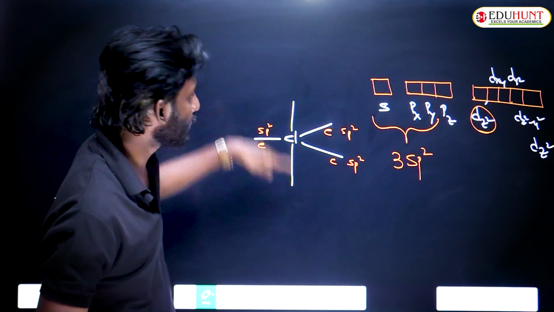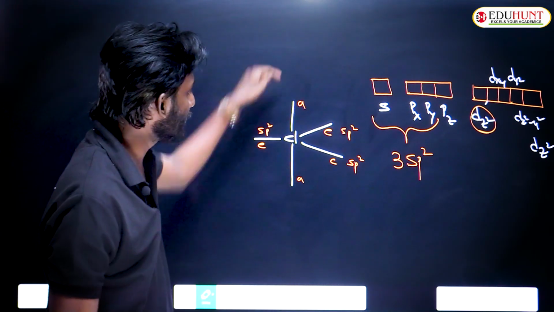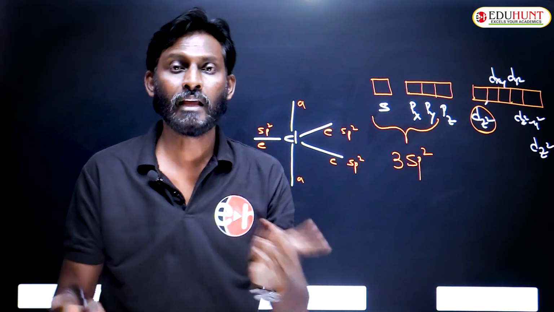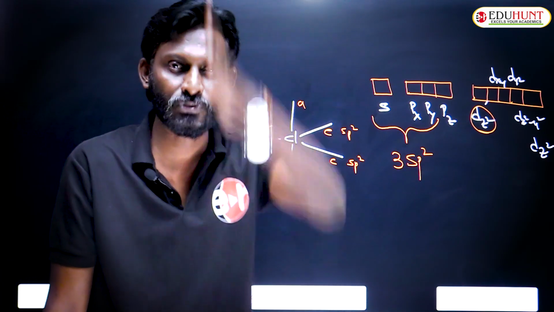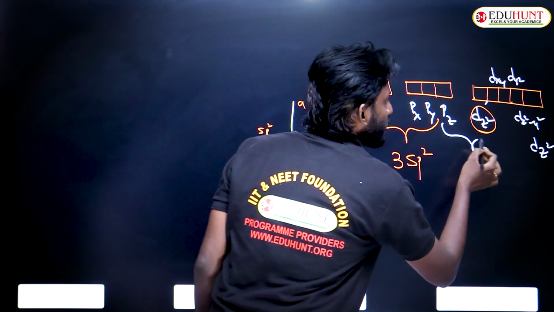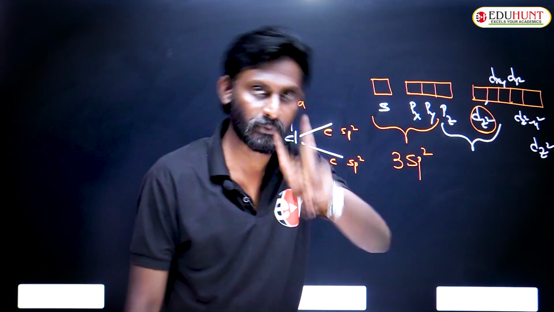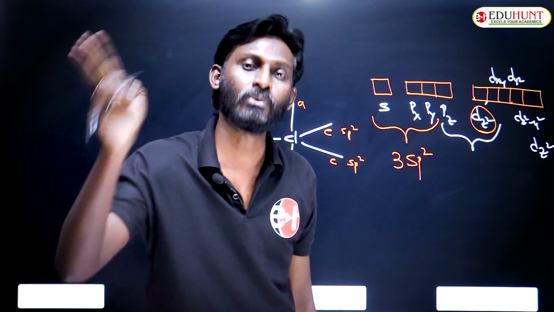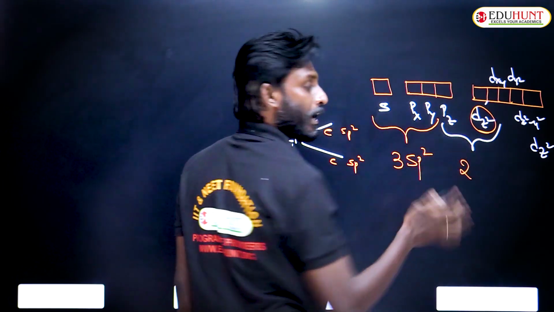Now, how did these 2 orbitals come? I said these 2 are axial. To have an axial hybrid orbital, the intermixing atomic orbital must have the characteristic feature of the z-axis, right? So that's why pz intermixes with dz square. Now 2 atomic orbitals are intermixing. When 2 atomic orbitals intermix, you get 2 hybrid orbitals.